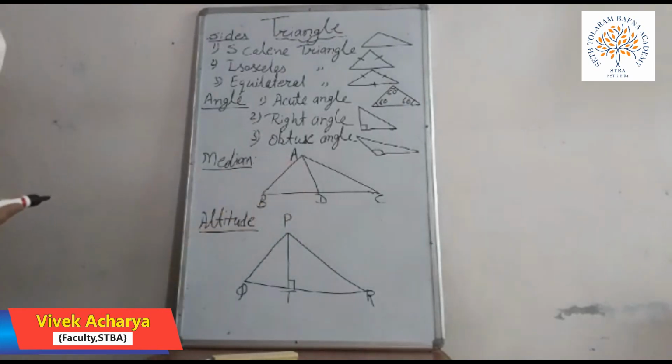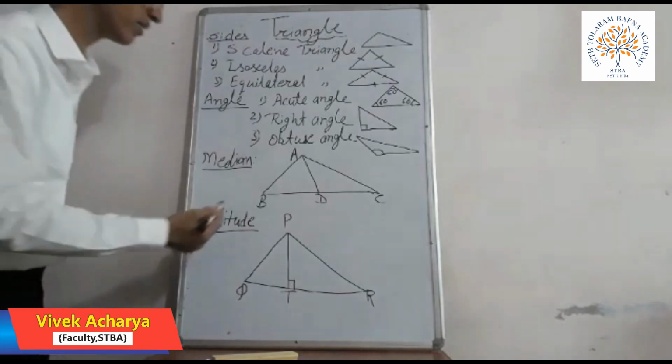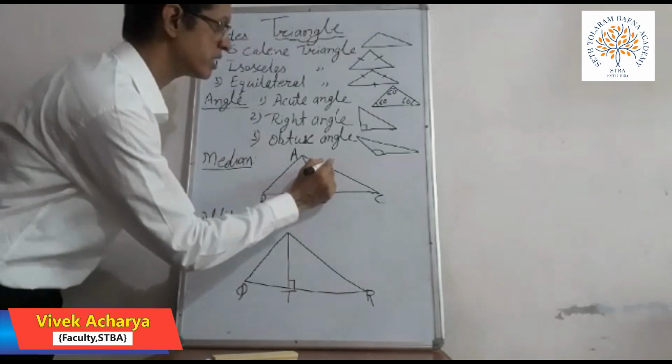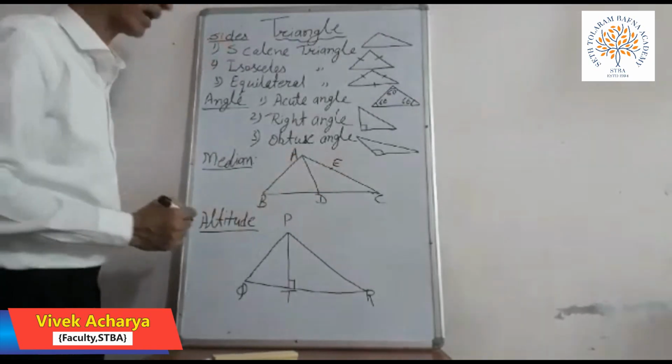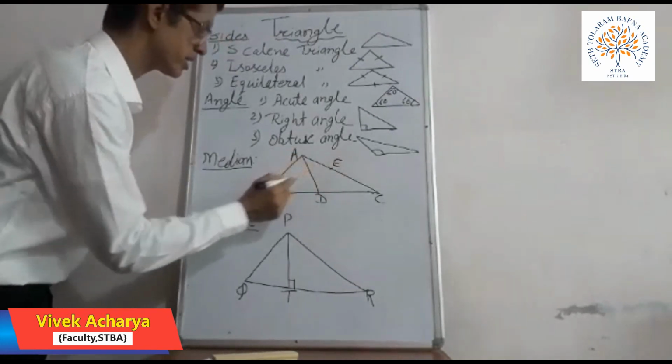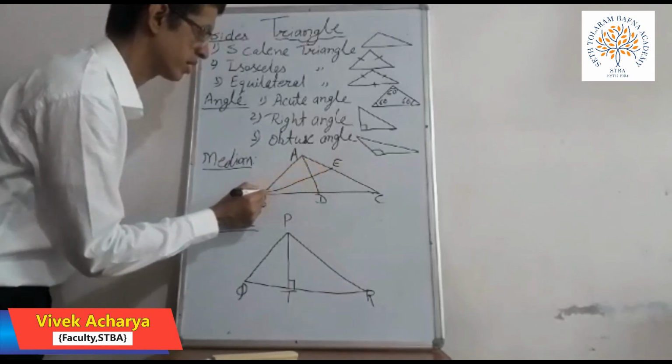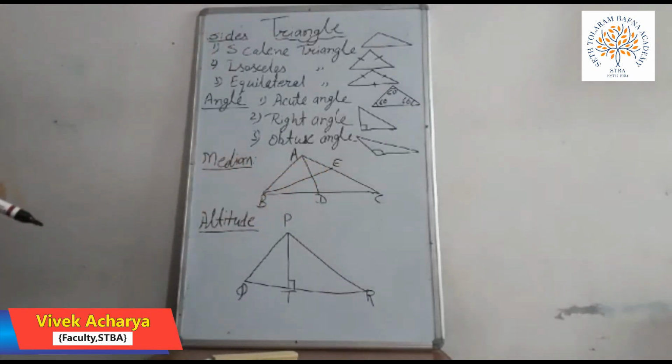And in similar way, children, we can make here two more medians of this triangle ABC. For example, you can see if I take the midpoint of AC is E and I join B to E, then I will get the second median of this triangle.